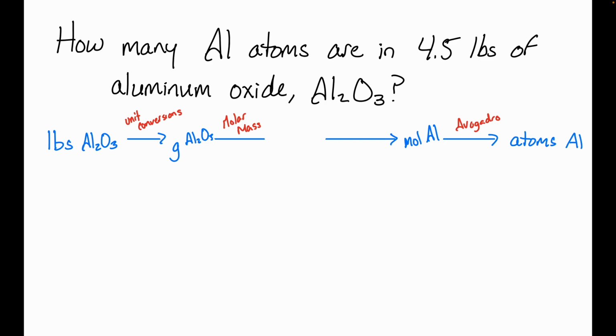And if I use the molar mass of aluminum oxide, that will put me in moles of not aluminum, aluminum oxide. Now I've got one more jump to go here. How can I get from moles of aluminum oxide to moles of just aluminum? The mole ratio.